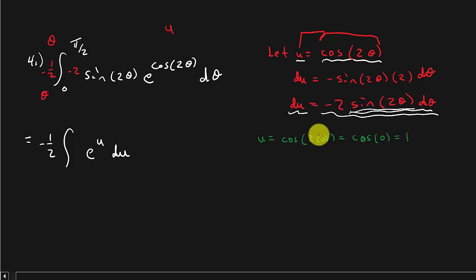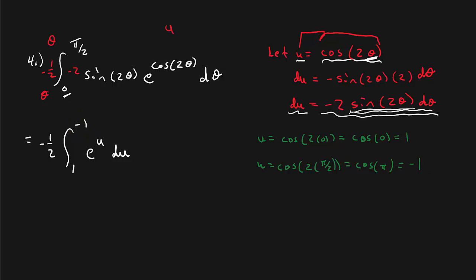So I plug this 0 in for theta here, and I got 1, so that limit changes to 1. And then I've got u equals cosine 2 times pi over 2, which equals cosine of pi, which is -1. And so this limit changes to -1.